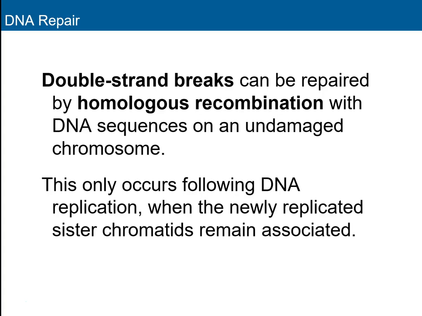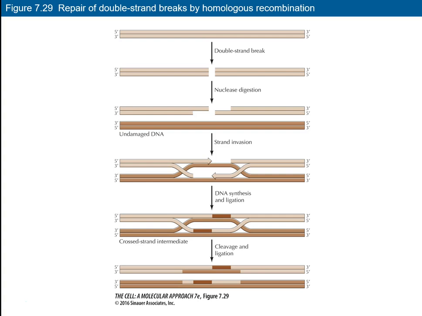This only occurs following DNA replication, when the newly replicated sister chromatids remain associated, and that's what this is showing you here. It can't use the information on the template because it's all gone, but it can use the information on this undamaged DNA because these are perfectly lined up. In terms of what DNA sequence is here, it's the same.